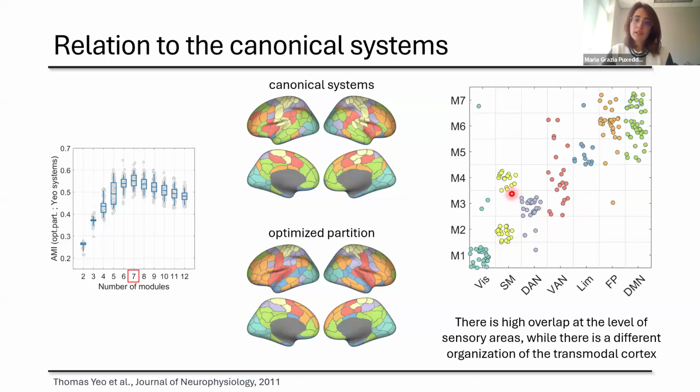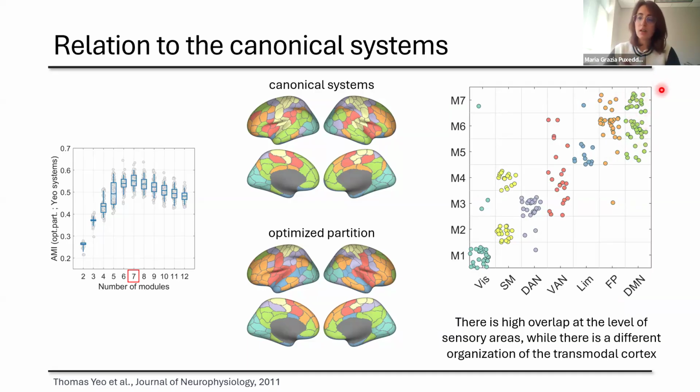But what was different was the partition of the transmodal cortex. As you can see here, the nodes belonging to the frontoparietal system and the DMN are completely redistributed across 3 modules, modules 5, 6, and 7.